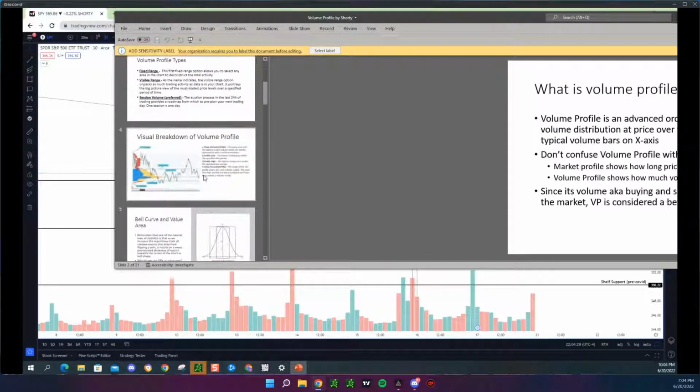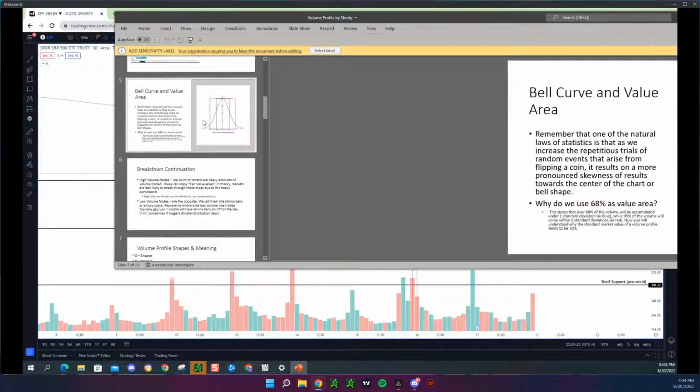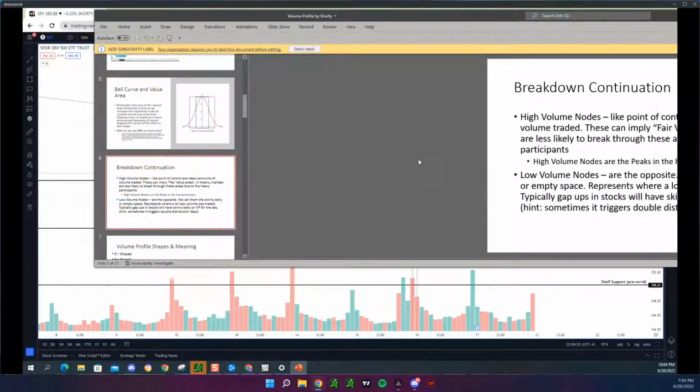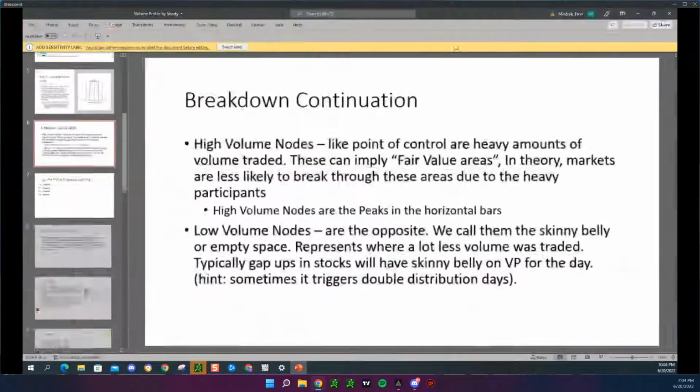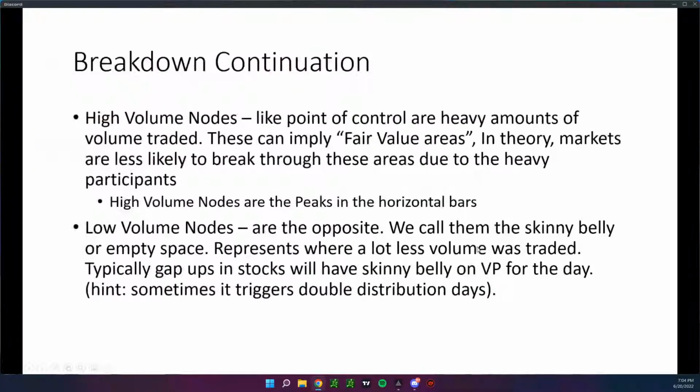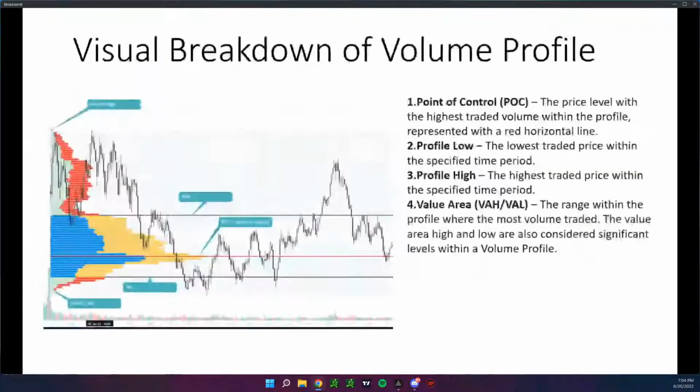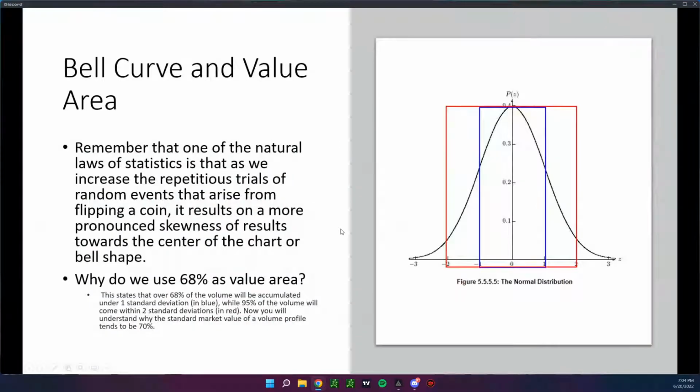So if you guys remember this, right here. Remember this now. Your first standard deviation is here. 68% of the volume is traded between -1 and 1.